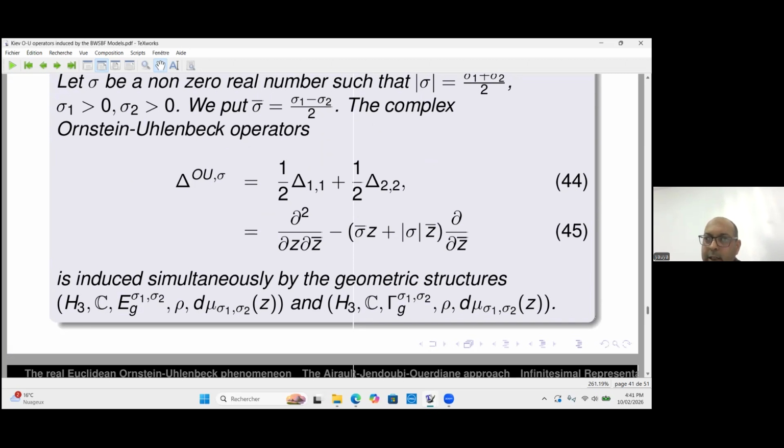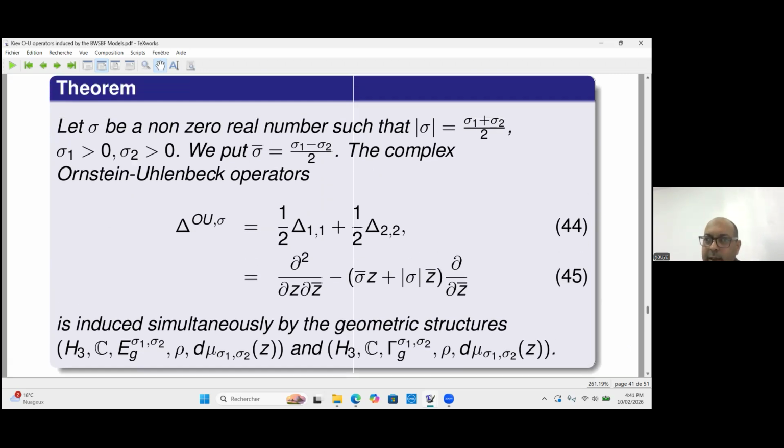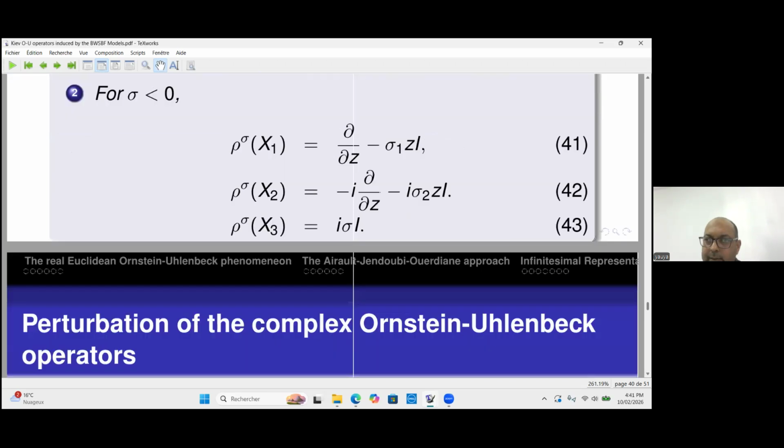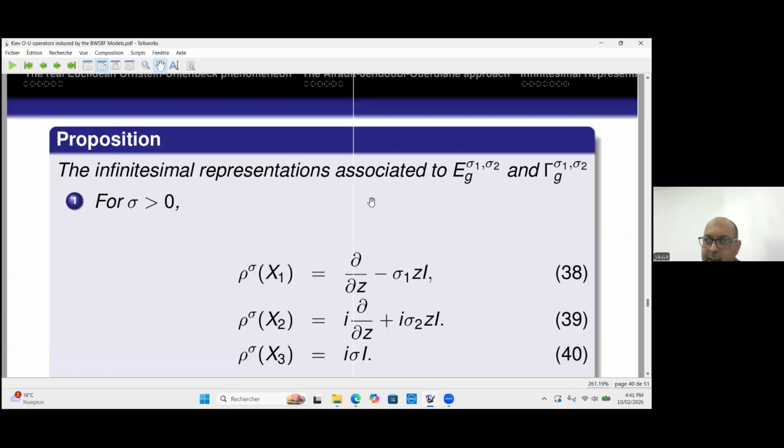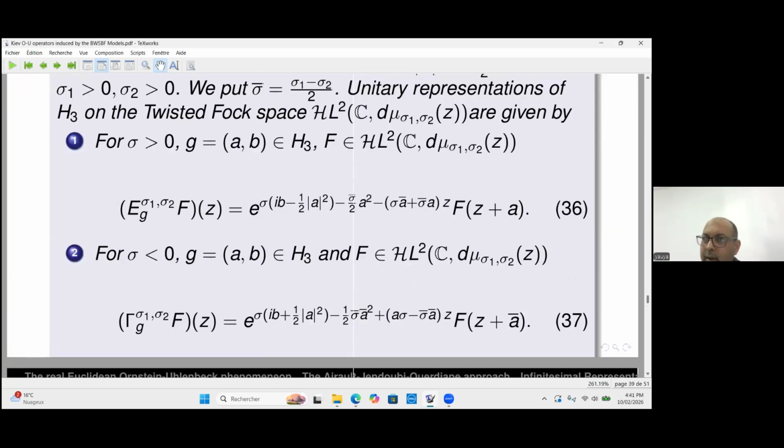Here for the new measure, I will just speak about this twisted measure.